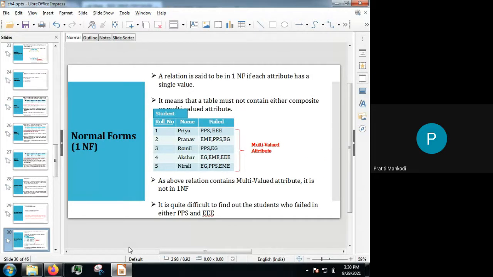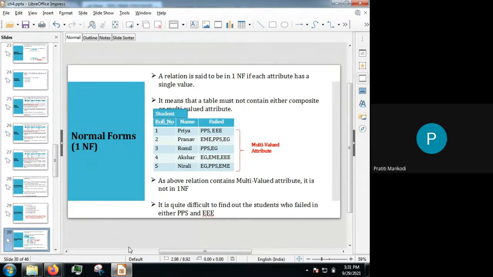So, simple. What is 1NF? When can I say my table is in 1NF? When the table is not having any multi-valued attribute. Now here, when I tell you, give me the subject of roll number 1, how many attributes will you retrieve in this case?